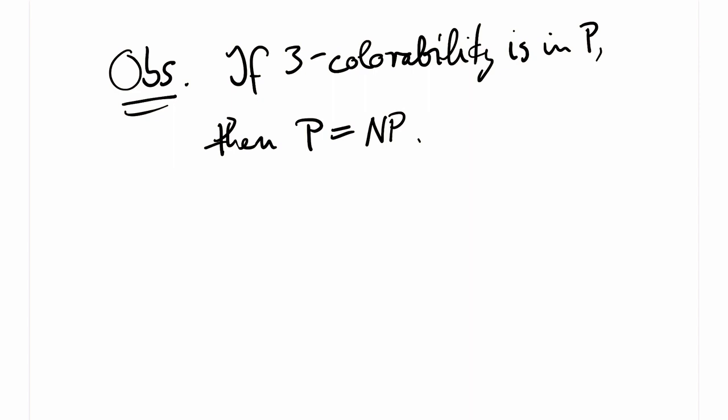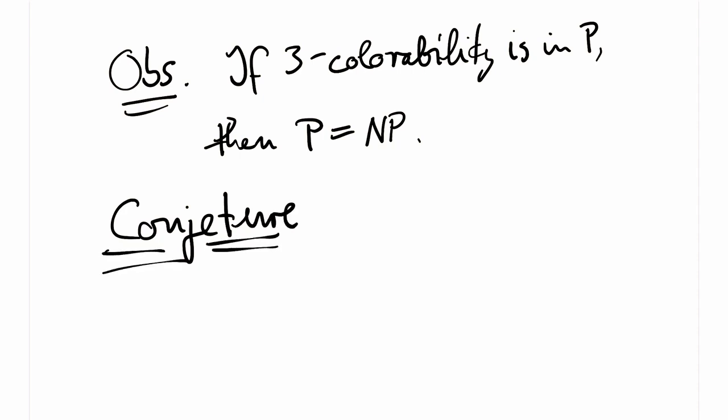So all the efforts of humans in finding efficient algorithms for any problem in NP that failed, they witnessed that 3 colorability is probably not in P. And that's the big open question, and many people believe that P is not equal to NP. If you solve this problem, you will get $1 million. It's one of the millennium's problems, one of the hardest problems of mathematics.